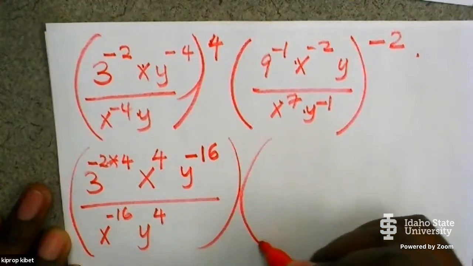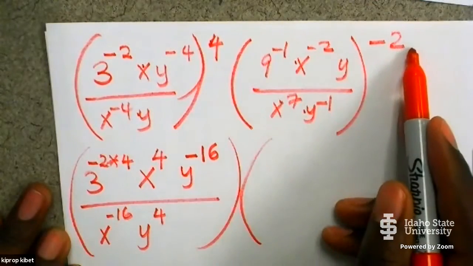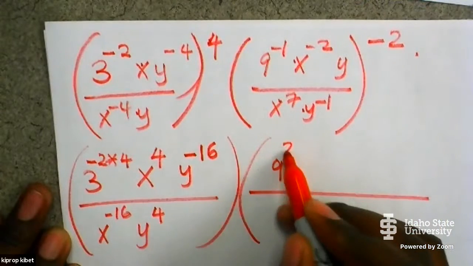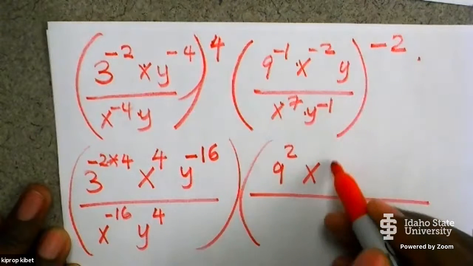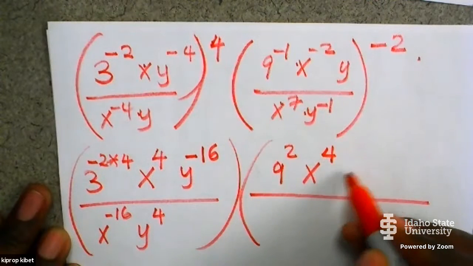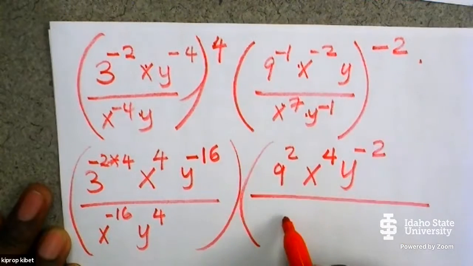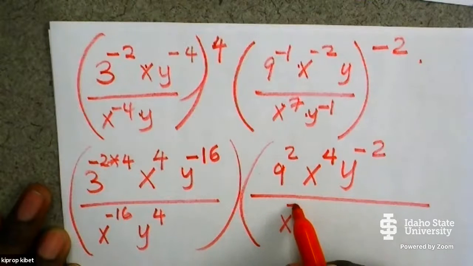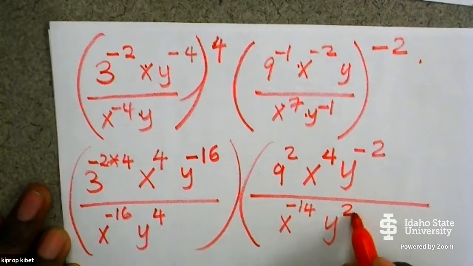We come to the next one. 9 raised to minus 2 times minus 2 is 9 raised to 2. x raised to minus 2 times minus 2 is 4, y raised to minus 2, divided by x raised to 7 times minus 2 is minus 14, y raised to minus 1 times minus 2 is 2.